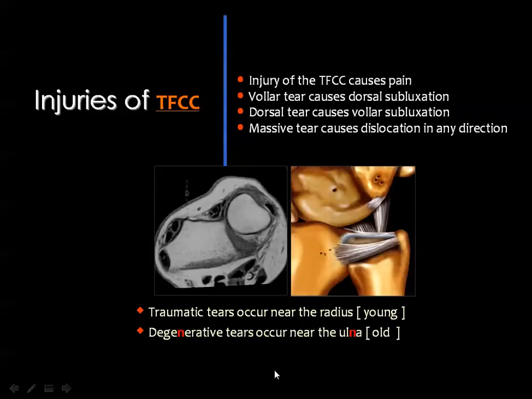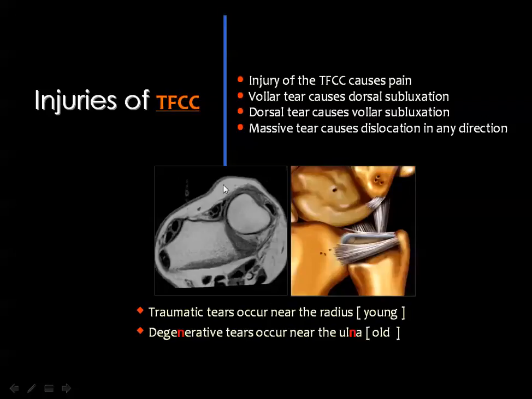Then what happens if this triangular fibrocartilage is torn? And you know that there may be pain, a volar tear will cause dorsal subluxation, a dorsal tear will cause volar subluxation of the distal radioulnar joint, and a massive tear will cause dislocation in any direction.